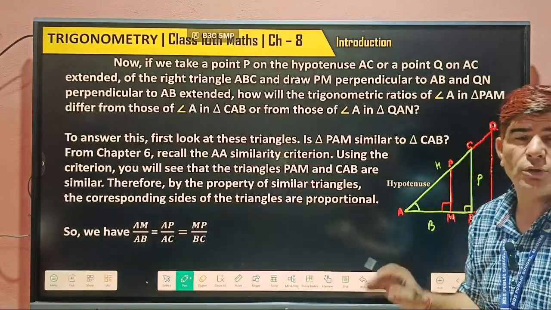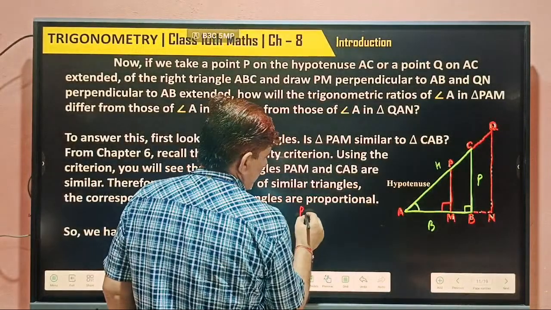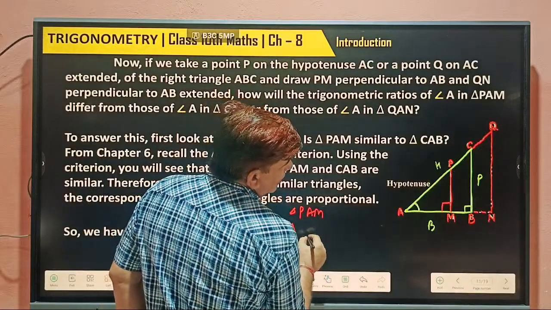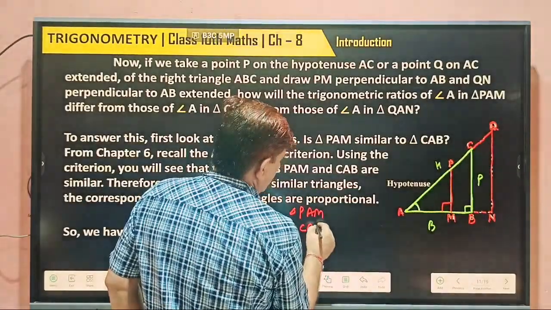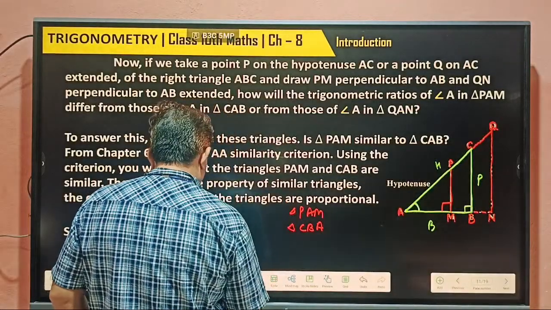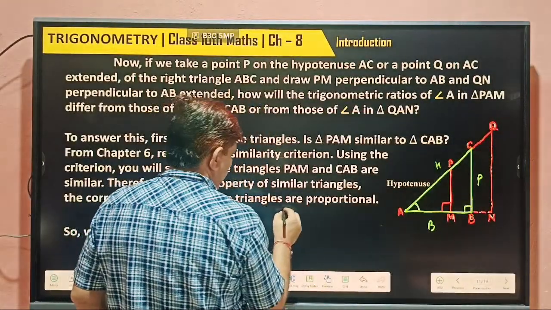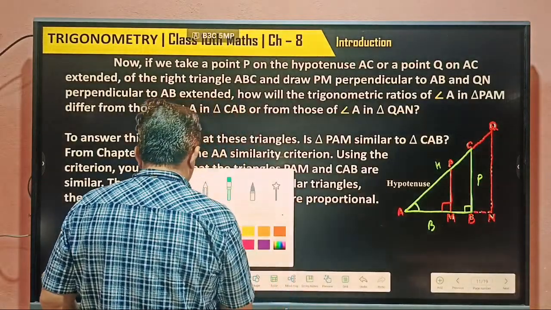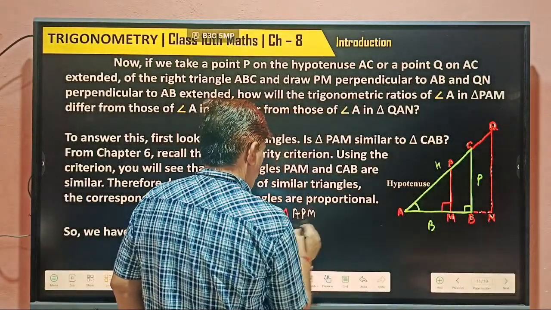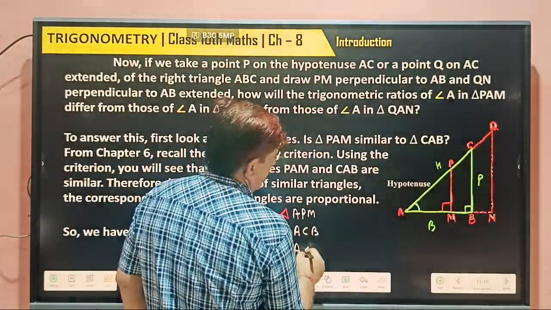So they want to say, what are the trigonometric ratios if we take triangle APM, or we can take triangle ACB, or we can take triangle AQN.